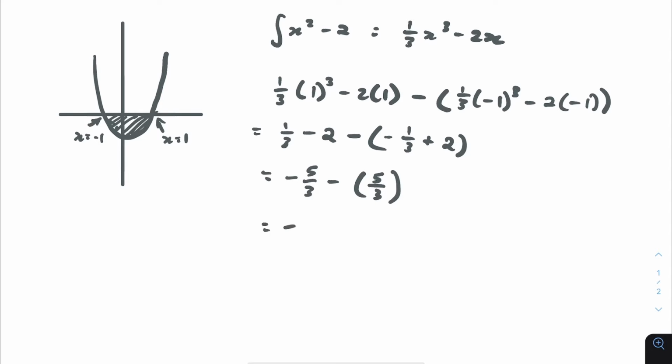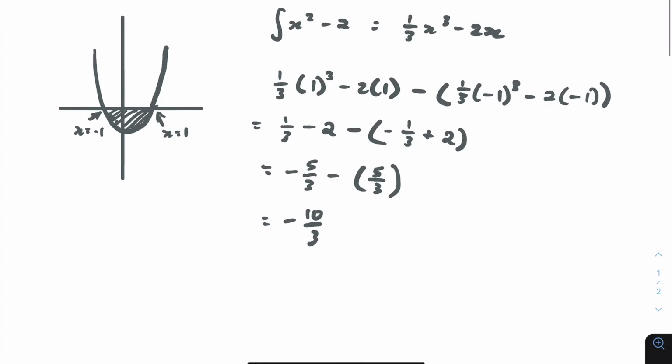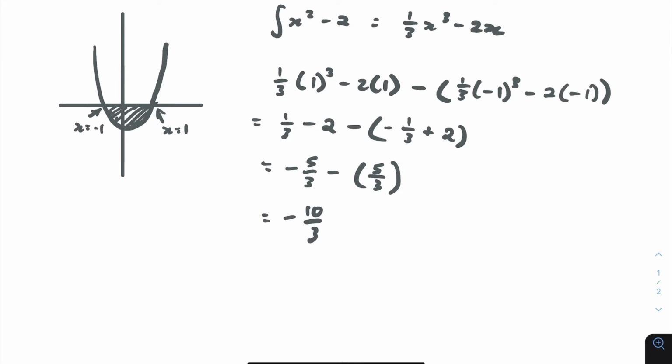And as you can see, we get a negative number, which doesn't make any sense, because how can you have negative areas? Well, the thing to realize here is that if the area we're trying to find is completely under the x-axis, we have to negate the whole thing, because the integral will give a negative number, but the area is not.